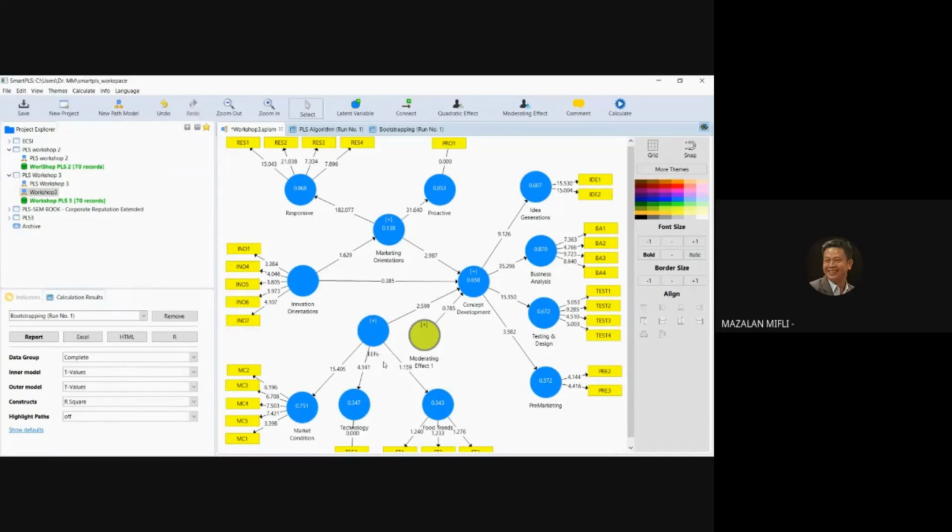But when external environmental factors are not taken into consideration, marketing orientation does play a significant impact on concept development. It overpowers innovations. So that's how you interpret your data.